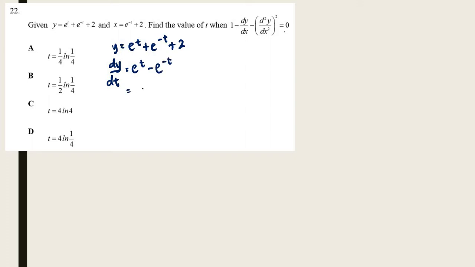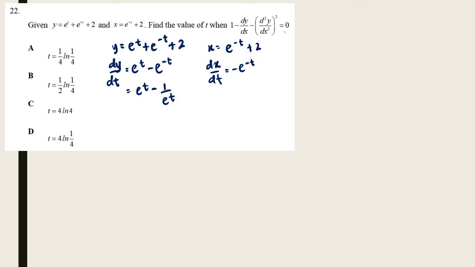If you rearrange this, that will be e^t minus 1 over e^t. And then we have the second equation. We have x equals e^(-t) plus 2. So our dx/dt is given by negative e^(-t). So this one is dx/dt.